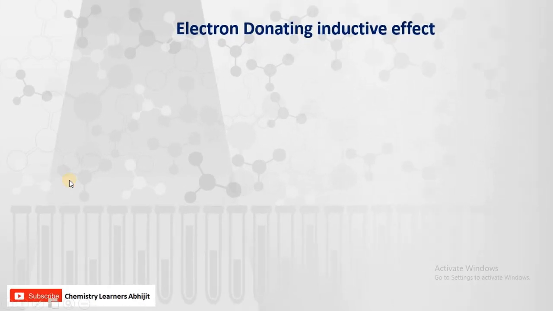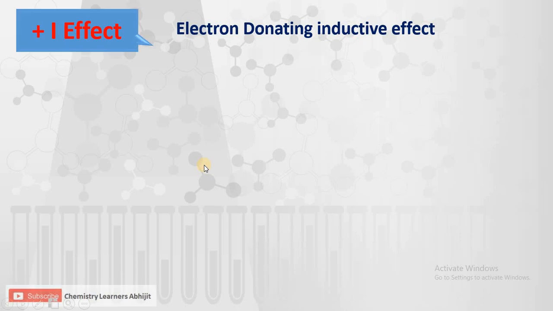Now consider the electron donating inductive effect, that is the plus I effect. Consider CH3Cl and the bond between them. If you consider the polarity, this carbon is more electropositive as compared to chlorine. That's why it has a delta positive charge, and the chlorine has a delta negative charge. Because of this, the electronegative element attracts electrons towards itself from this bond.